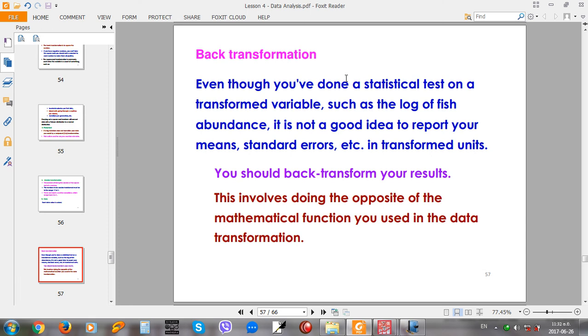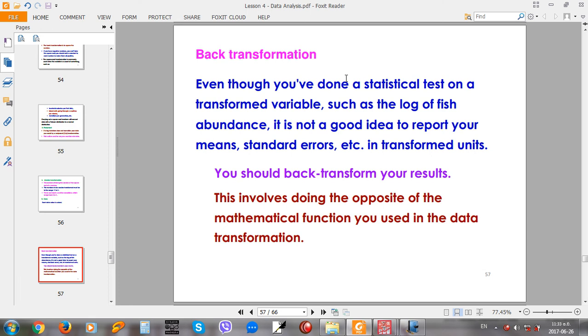It means if you took the log transformation, you have to take the anti-log when interpreting the results. If you took the reciprocal, you have to take the reciprocal again when you write the conclusions, right? If you cubed the data, you have to back transform into the original data by using the cube root.